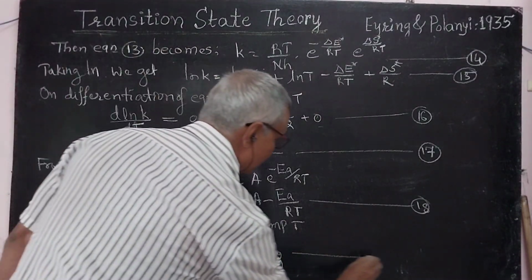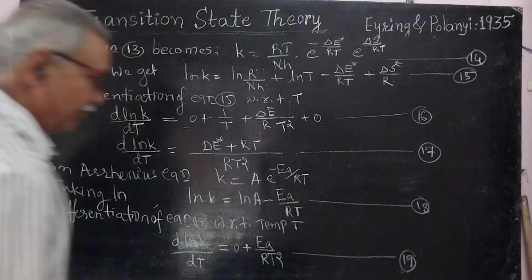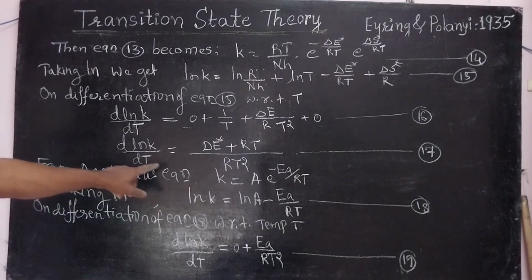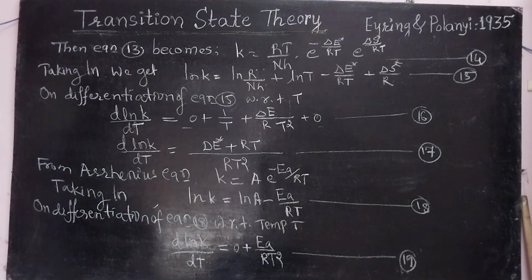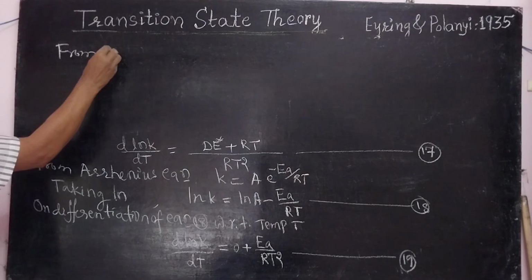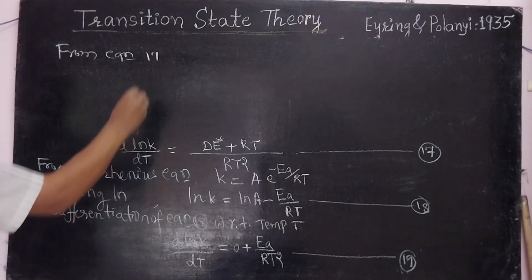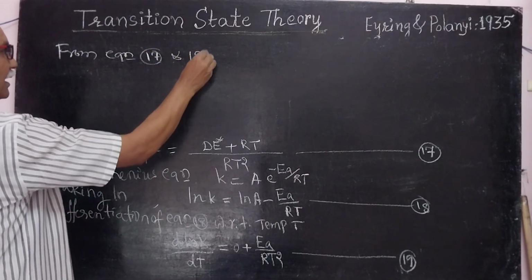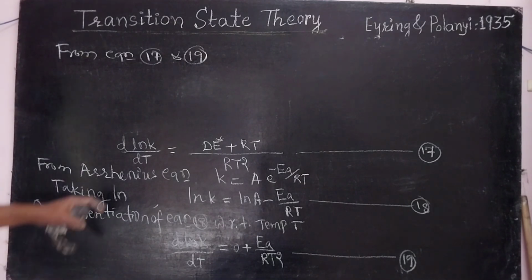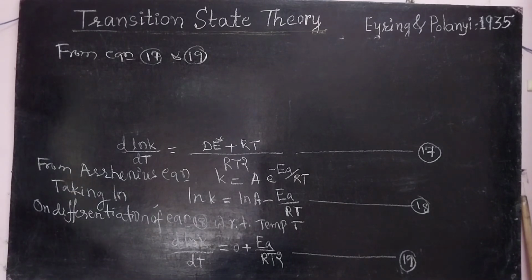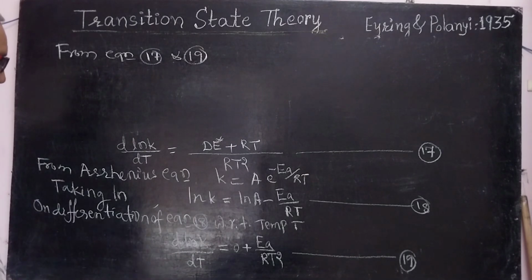Then suppose this is equation 19. Now, from equations 17 and 19, which are the differentiation of the rate constant with respect to T, and this is also the differentiation of the rate constant with respect to T, then LHS are equal means RHS are equal.